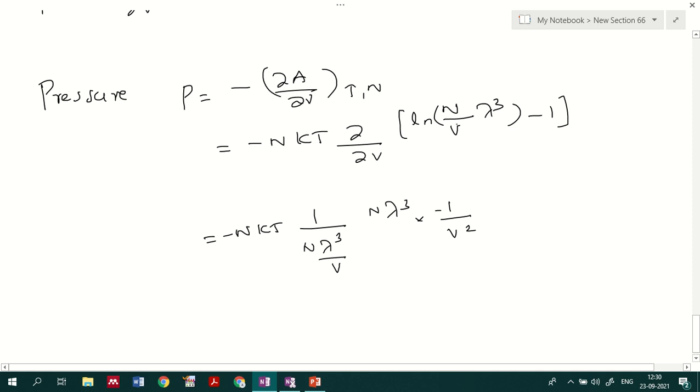This is how differentiating ln(N/(Vλ³)) works. Differentiating the constant minus 1 gives 0, so that doesn't matter.